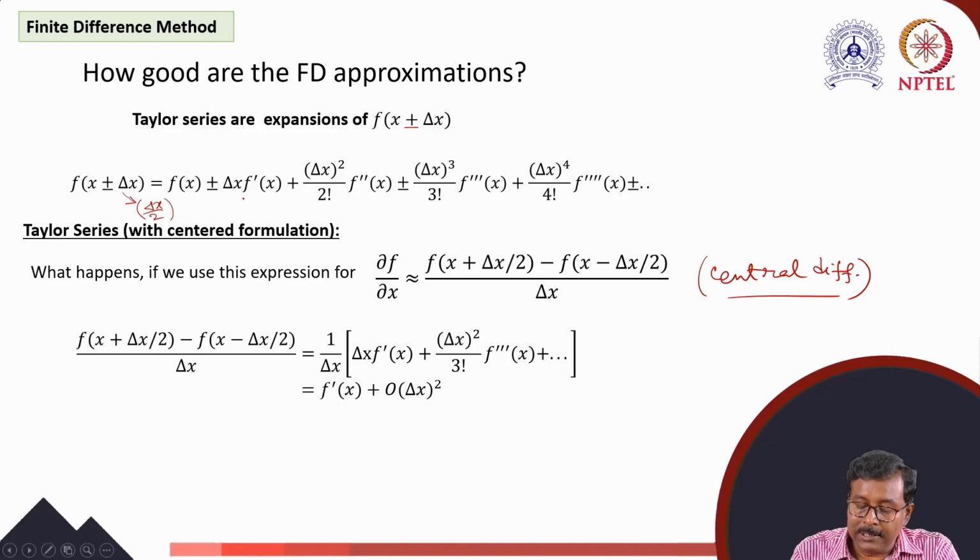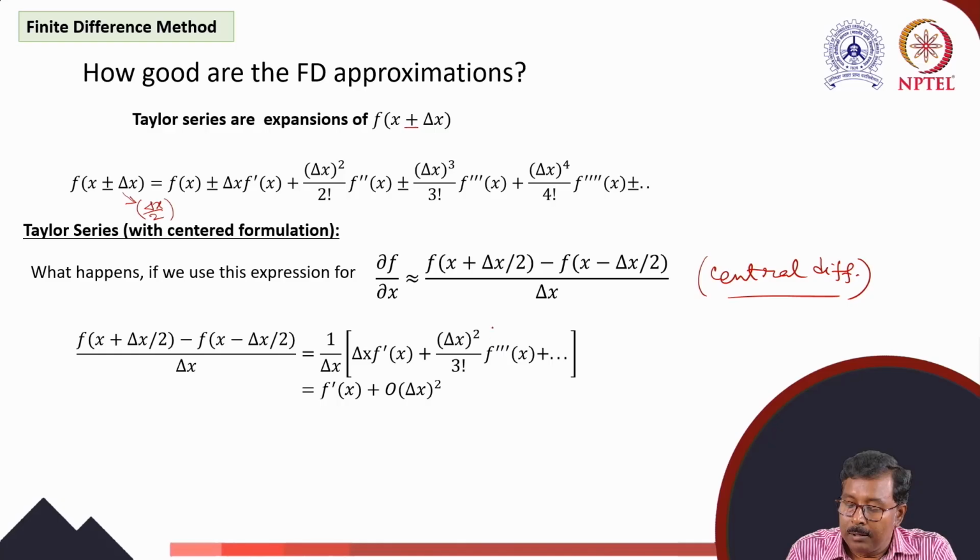Divided by delta x, it will be 1 by delta x into delta x f dash x plus delta x whole square by 3 factorial, and in this way it is going on.